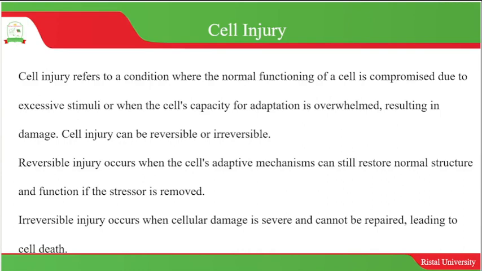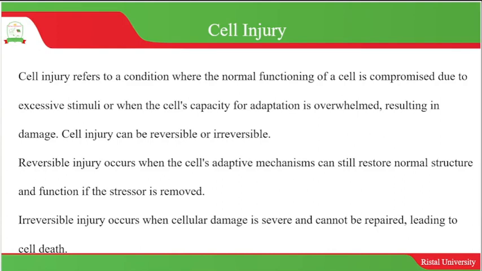So these damages that are caused to our cells may either be restored or may not be restored with time. With our interventions being done, these damages may either be restored, or even if we do the interventions, they may not be restored. So the reversible injuries occur when the cell's adaptive mechanisms can still restore normal structure and function if the stressor is removed.